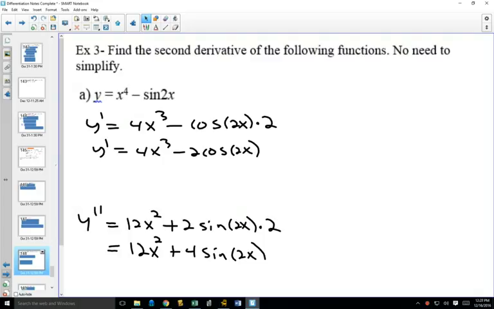What do we notice as a pattern? Could we do the nth derivative of x? Well, yes and no. Because depending on what n is, it's going to flip-flop between sine and cos.